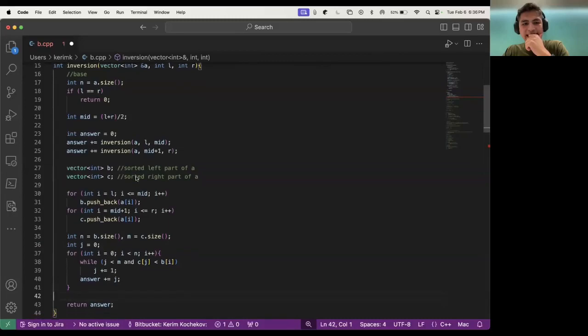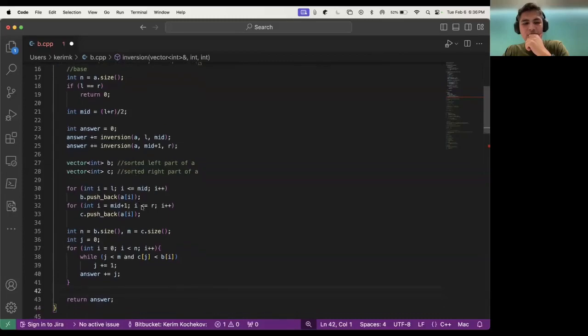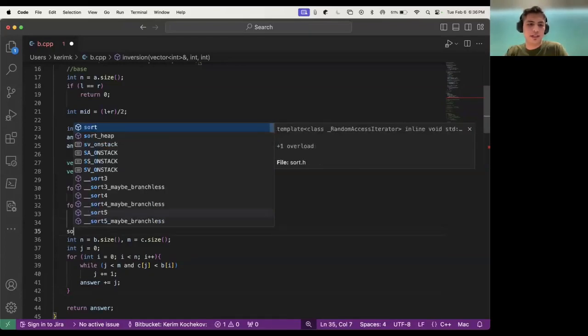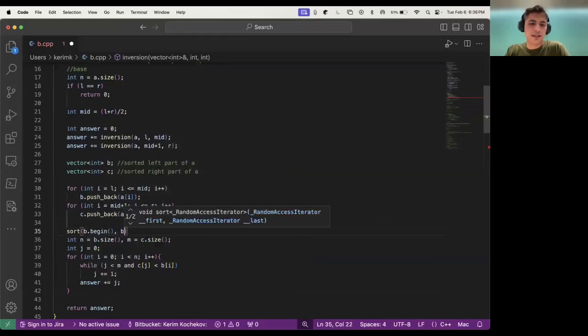So here we need to sort the left and right part. I could just follow the C++ implementation, and afterward, having B and C, I could just sort B and C separately.